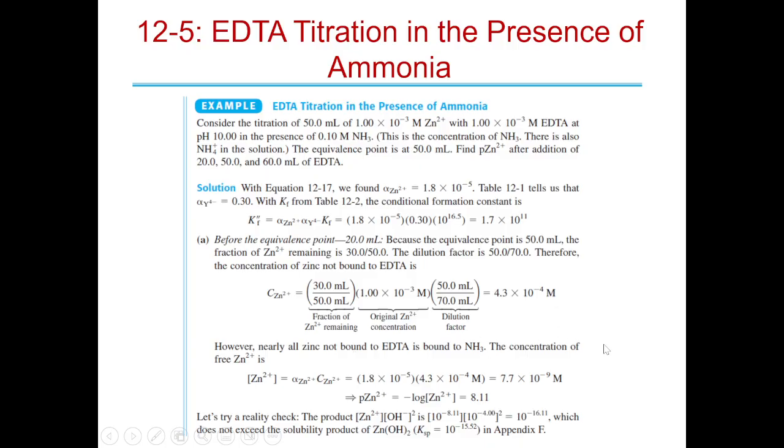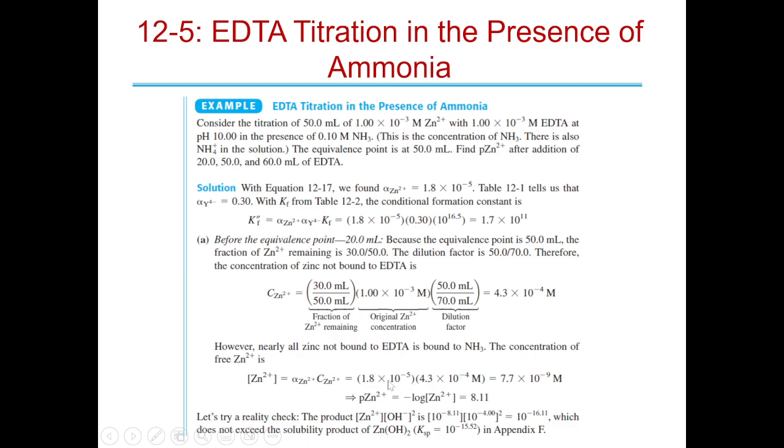Remember that nearly all the zinc is not going to be bound to the EDTA. It's actually going to be bound to the NH3. So your concentration of free zinc is going to be as such. You have your free zinc here. That's going to be this fraction that's not bound times the concentration of your zinc 2+ that you just figured out up here.